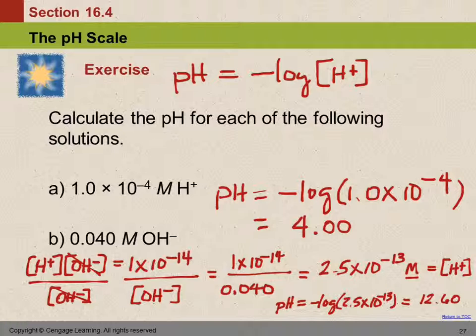It's a unitless quantity. Do you want to deal with logs of units? I don't think so. We always do the molarity, the concentration in moles per liter, and then we take the log. So 2.5 times 10 to the minus 13 has two significant figures, and so that's why I wrote 2 decimal places.